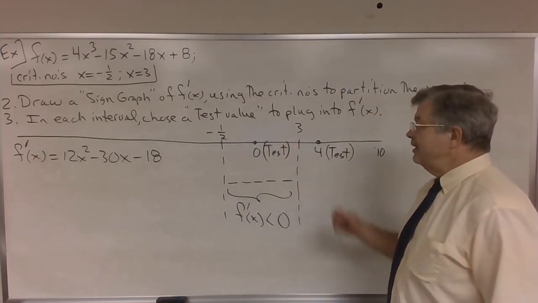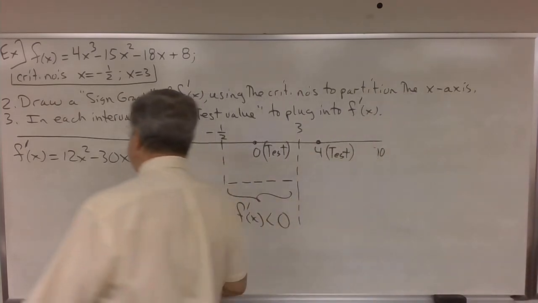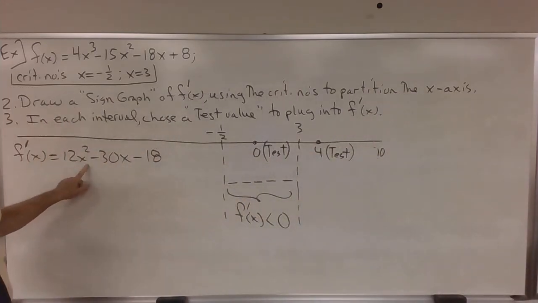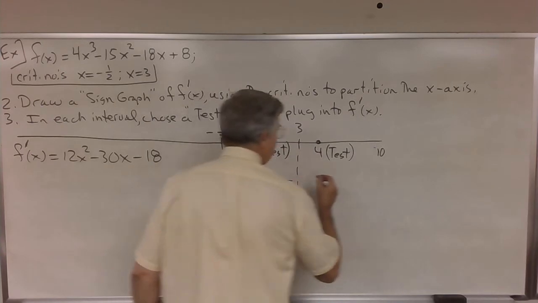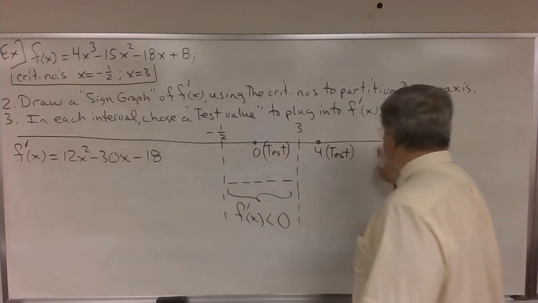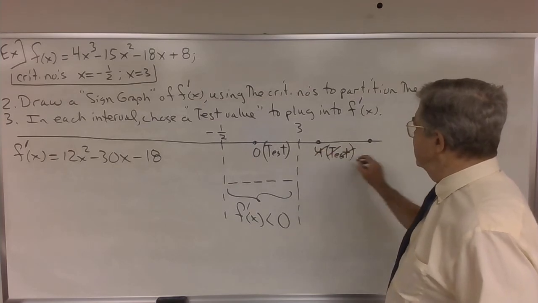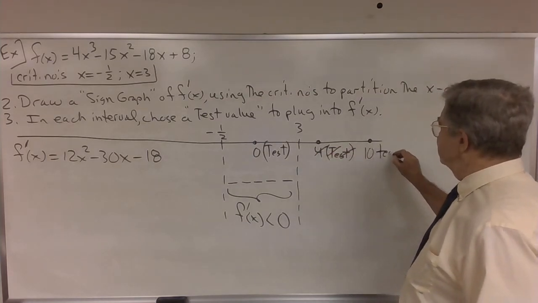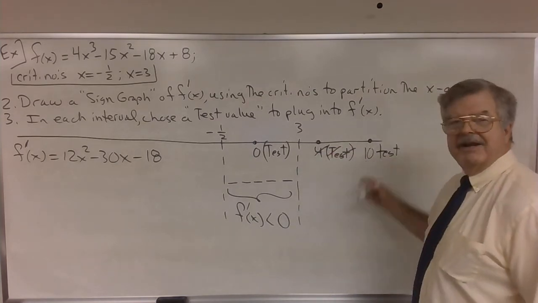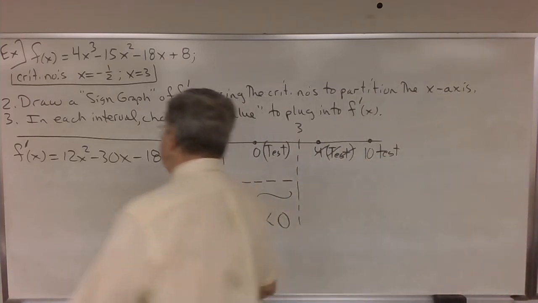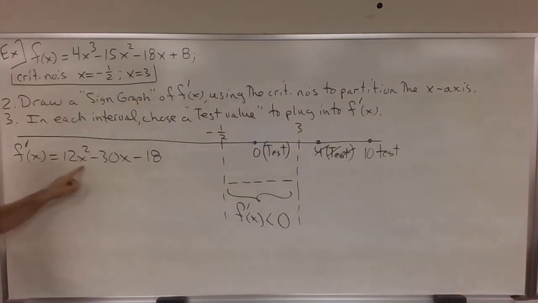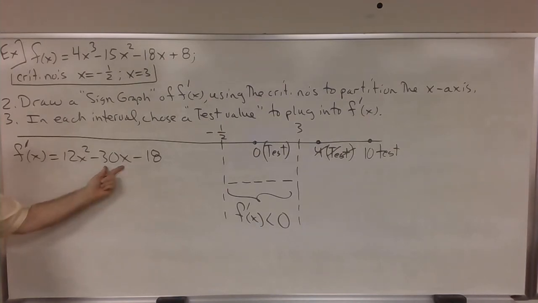Now 4, we plug that into the derivative. 12 times 16, I don't know what that is. I'm going to hit the chicken switch and I'm going to go for 10 as a test value. 10 squared is 100, times 12 is 1200, minus 300 is 900, minus 18 is 882.